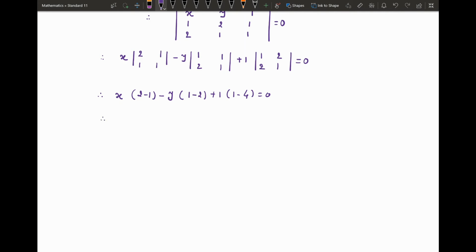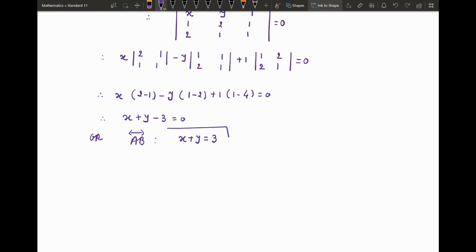Now if we simplify, we get x plus y minus 3 equal to 0, or the Cartesian equation of line AB is x plus y equal to 3.